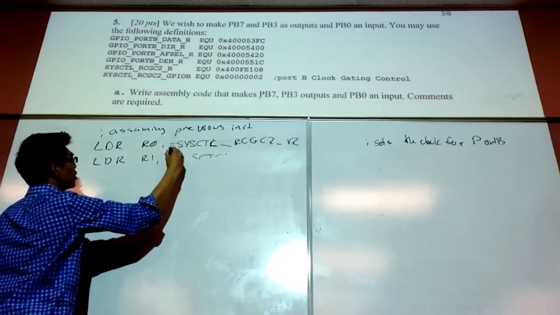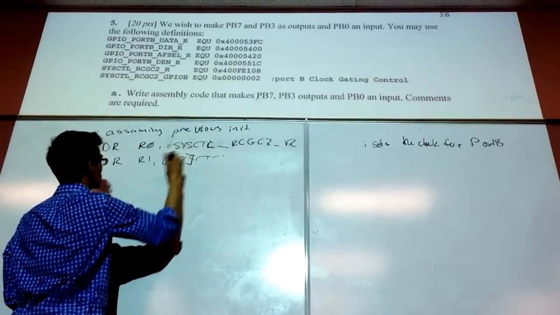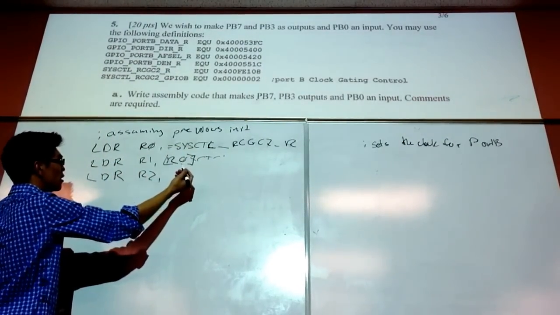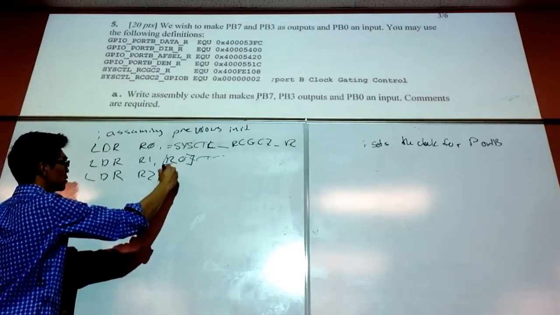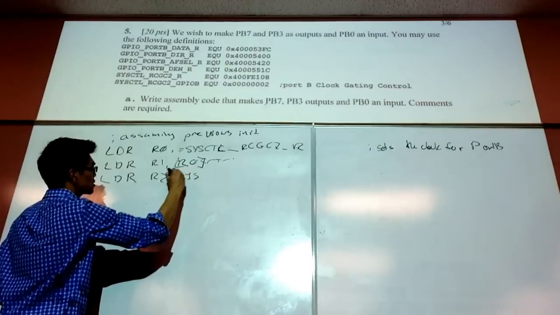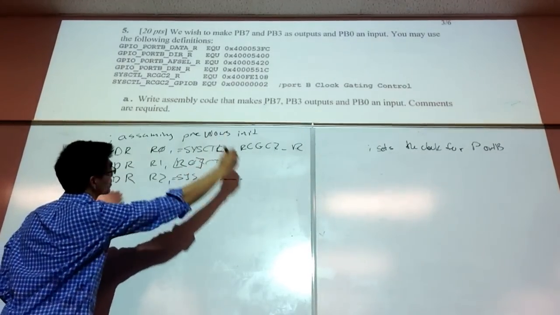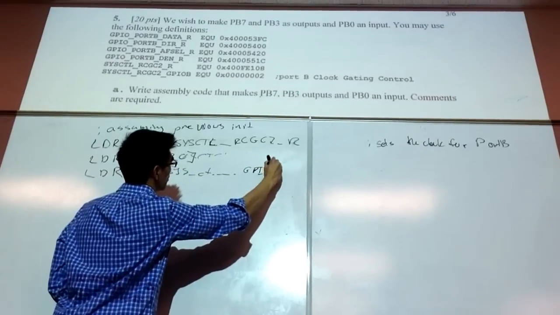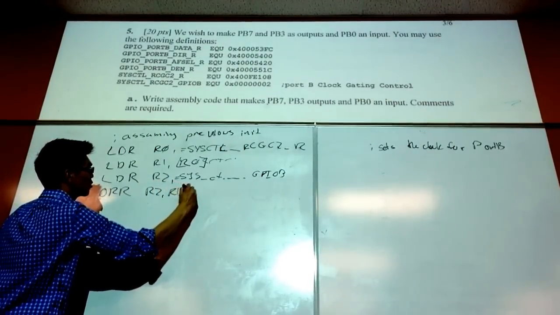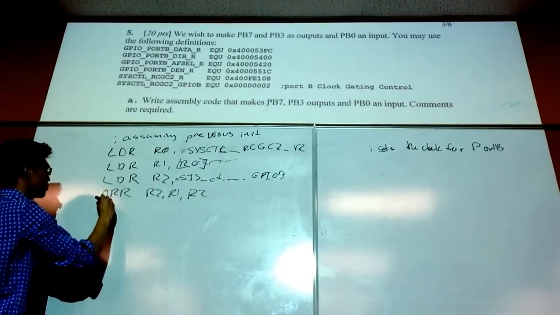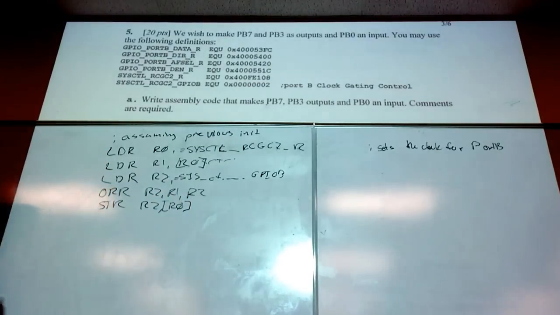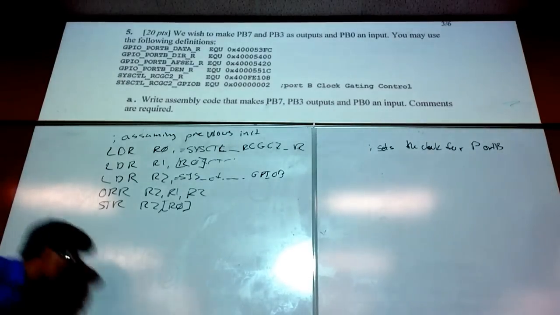So then I want an LDR R1, R0, and then I want an LDR R2 equals SYSCTL, blah blah blah, you get it, GPIOB. And then I'm going to have an ORR R2, R1, R2. Okay, so that would be right. So both of you guys are right.